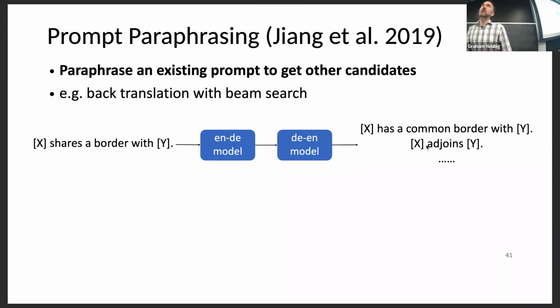And I think this is particularly useful when you're doing manual prompt design, because it's very easy for somebody to come up with a prompt that's indicative of the task that you want to solve, but it's not necessarily easy for a user, especially a non-NLP-familiar user, to get in the head of the language model and figure out which thing the language model would like the best.